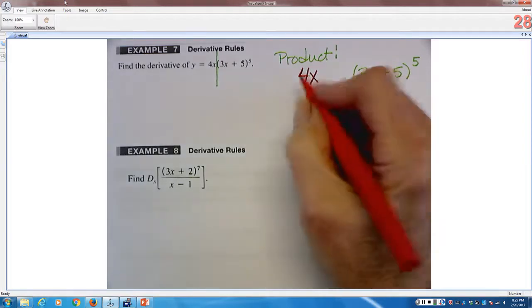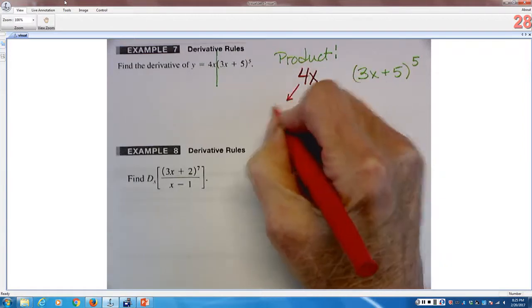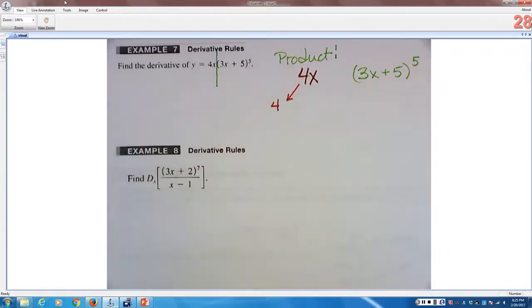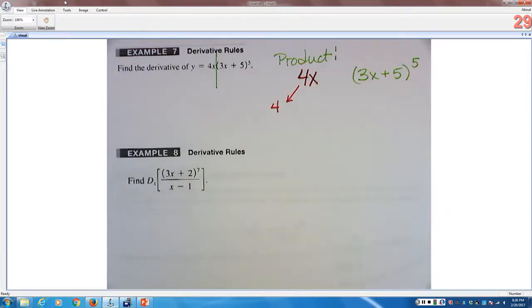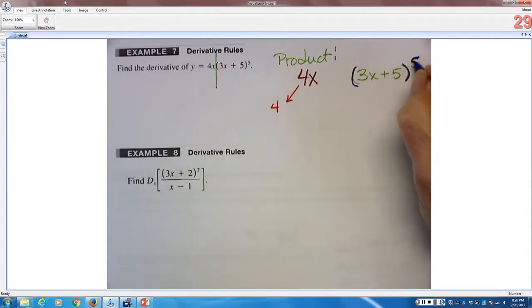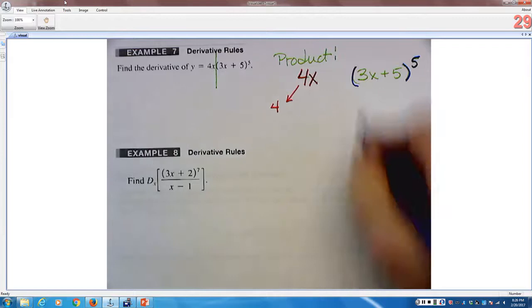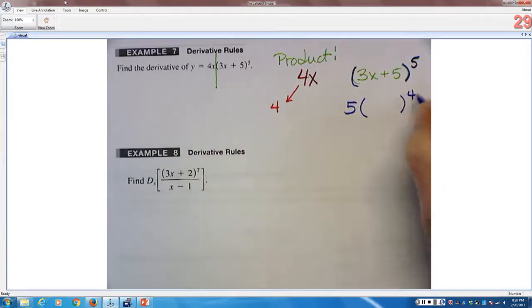Now the derivative of 4x is easy. It's 4. The derivative of 3x plus 5 to the 5th is a chain rule. So you're going to take 5 times the parentheses raised to the 4th power.